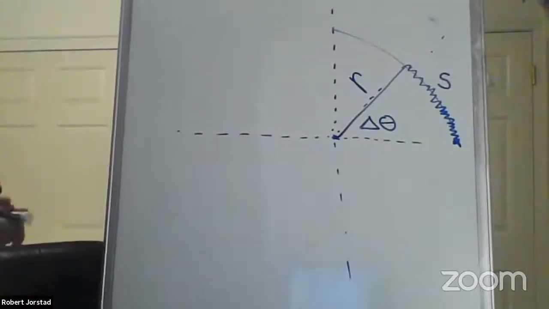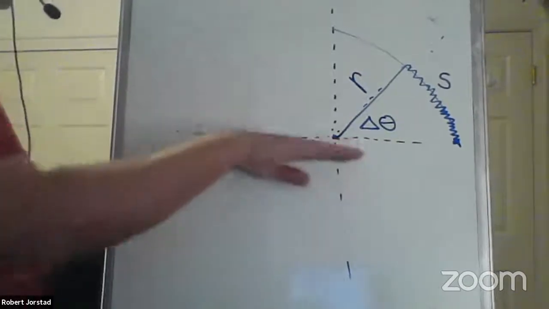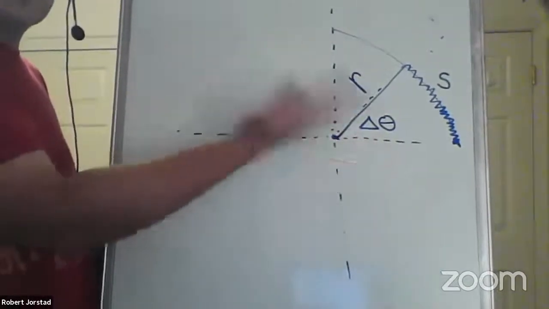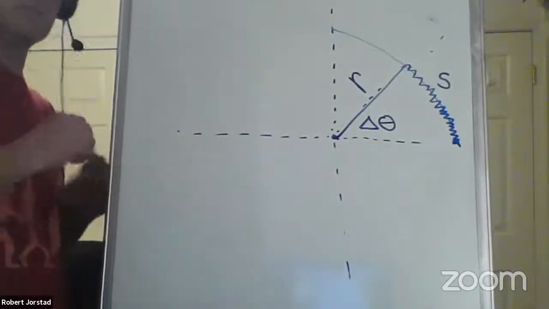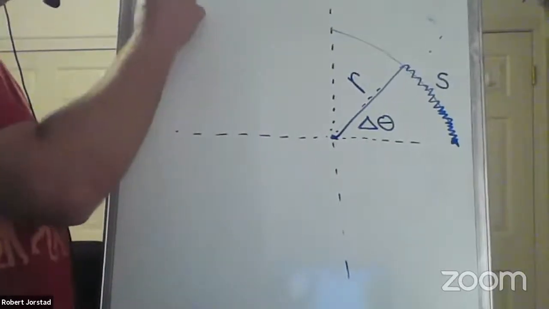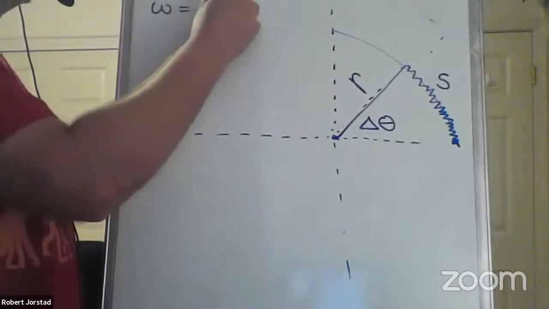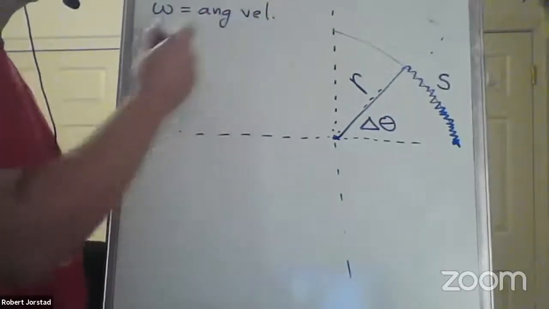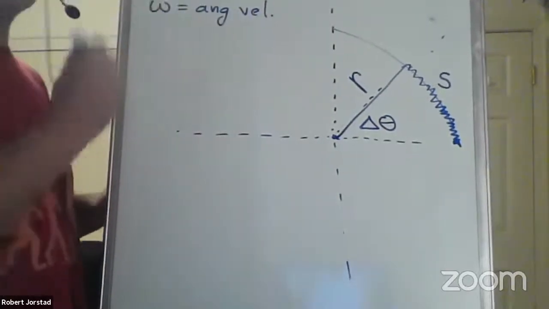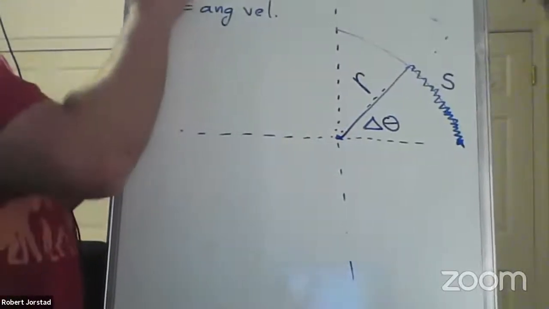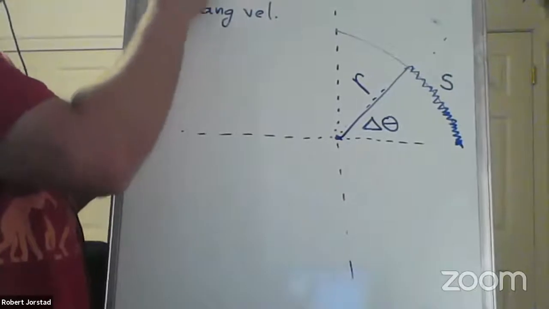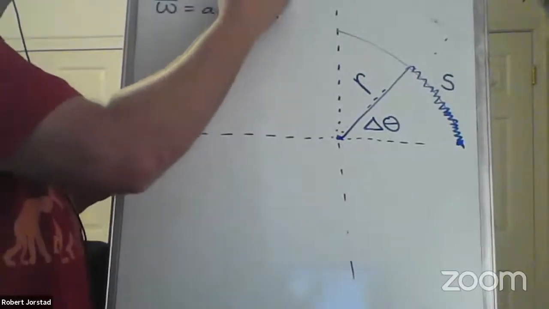Now, the rate at which it rotates has to do with its RPMs, its revolutions per minute. So omega is going to be the angular velocity. And I'm going to say that's a vector right now. That's not always true, but just for now. And then delta theta would be angular displacement.